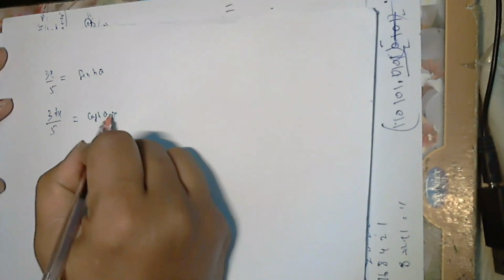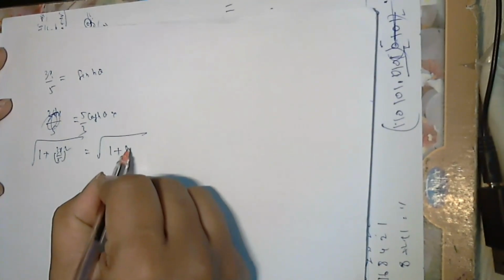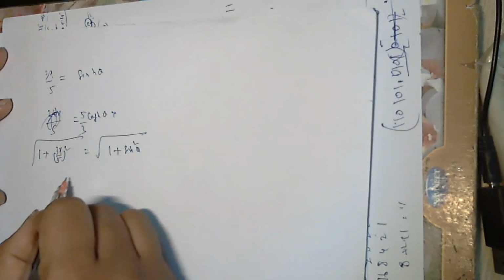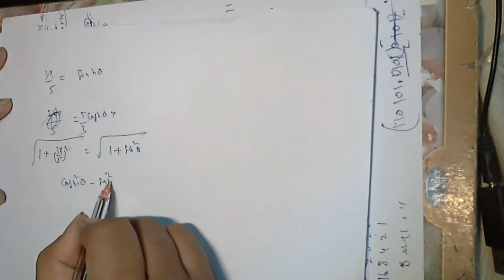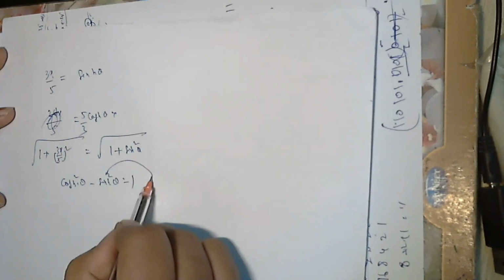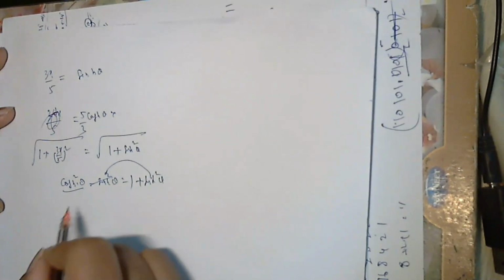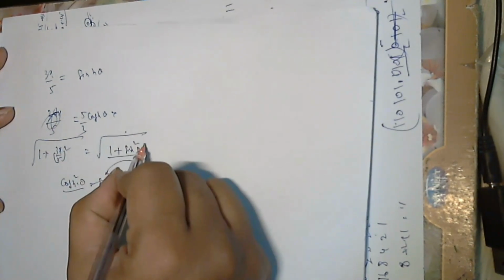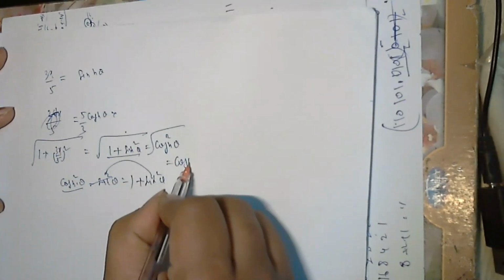So dx is equal to 5 by 3 cos h theta d theta. Okay. Now under root 1 plus 3x by 5 whole square is equal to under root 1 plus sin h square theta. So we know cos h square theta minus sin h square theta is equal to 1. So if it goes this side, 1 plus sin h square theta is equal to cos h square theta. So this becomes under root cos h square theta, that means cos h theta.